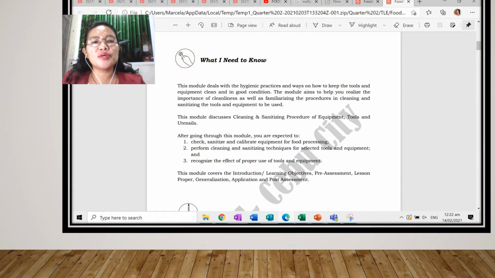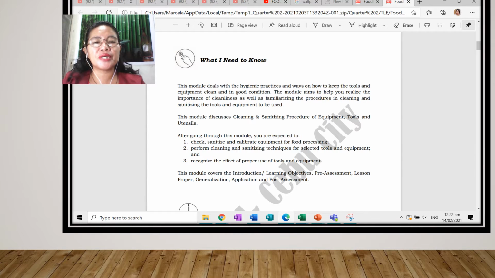After going through this module, you're expected to, number one, check, sanitize, and calibrate equipment for food processing. Number two, perform cleaning and sanitizing techniques for selected tools and equipment.